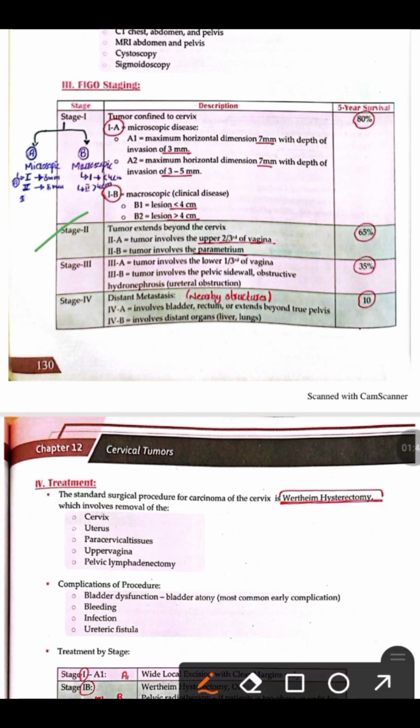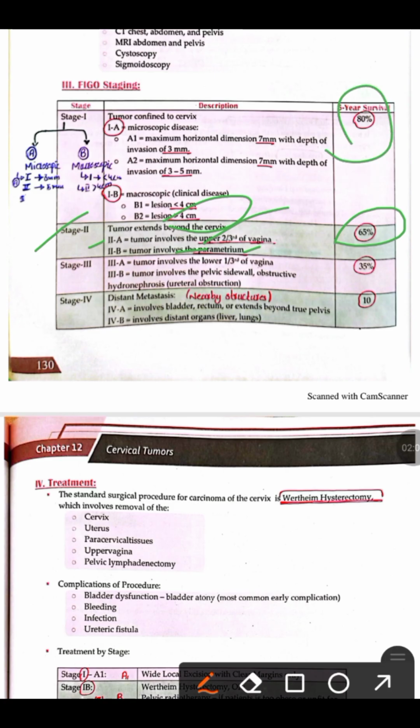And in stage 2, the tumor extends beyond the cervix, and stage 2 is then further divided into two types, stage 2A, in which the tumor involves the upper two-thirds of the vagina, and 2B, in which the tumor involves the parametrium. And the 5 year survival rate in stage 2 is 65%, while in stage 1 it is 80%.